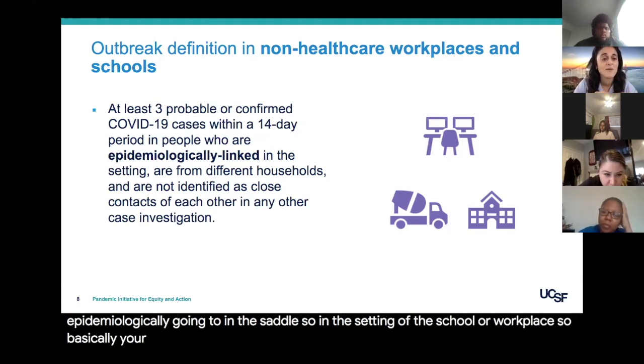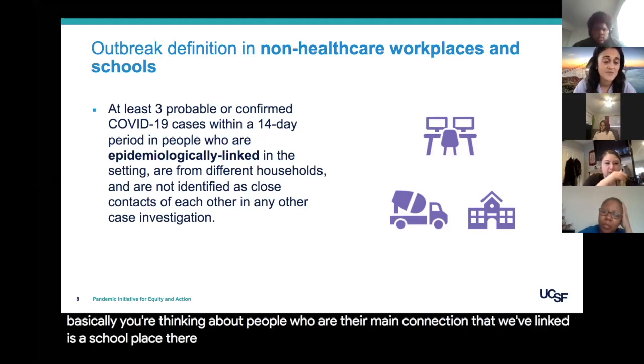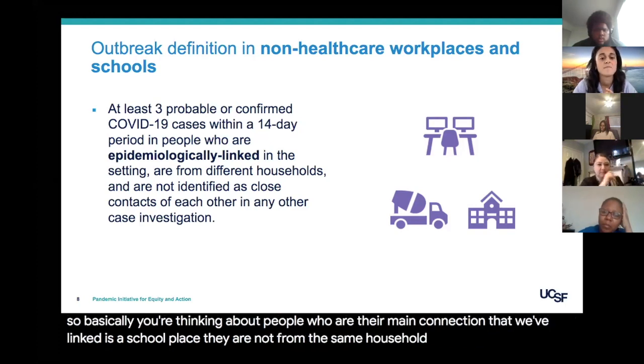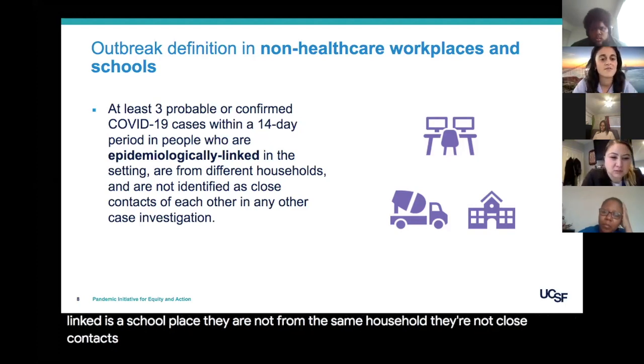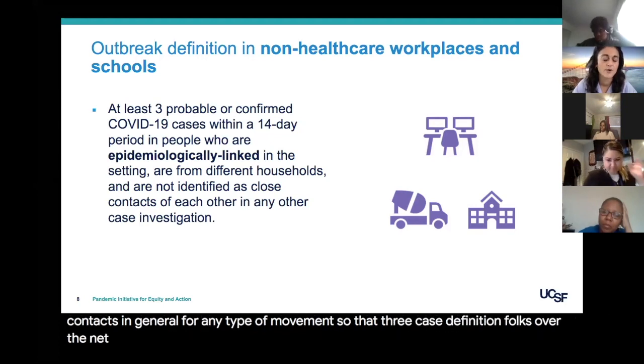Basically, you're thinking about people whose main link is a school or workplace. They're not from the same household. They're not close contacts of each other for any other reason. So that 3-case definition holds for non-healthcare workplaces and schools. Okay, next.